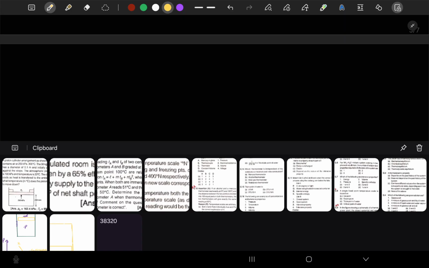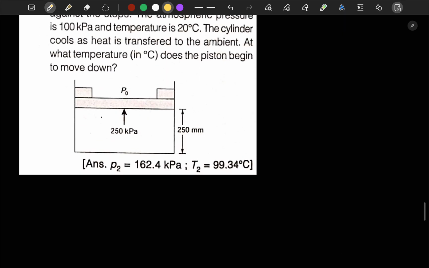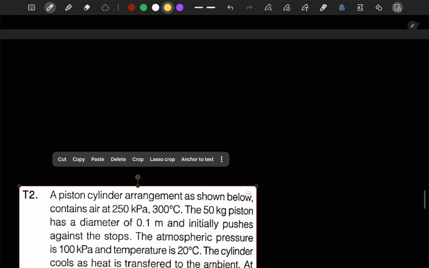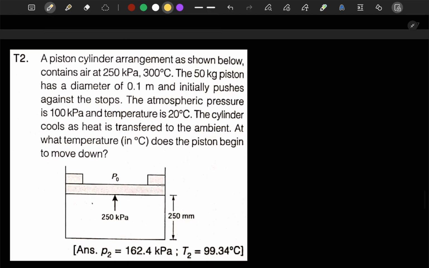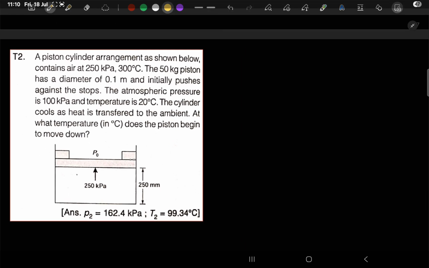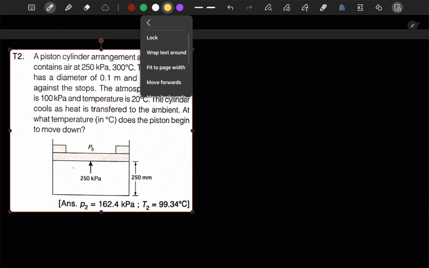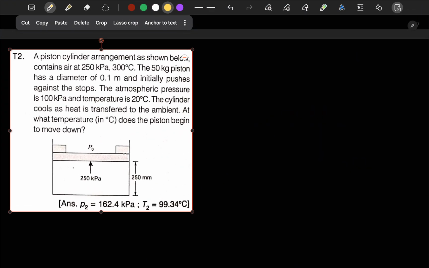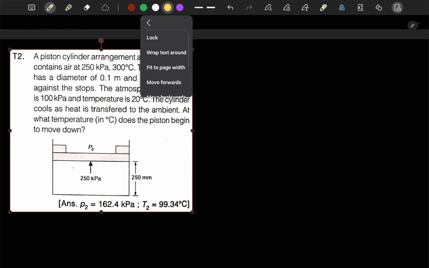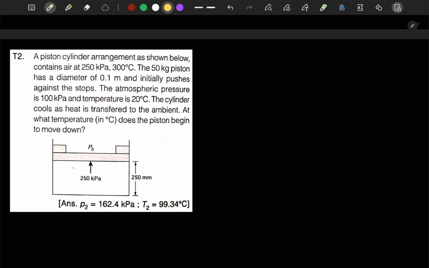The next question will be the last question for today's class. A piston cylinder arrangement is shown below, containing air at 250 kilopascal and 300 degrees Celsius.